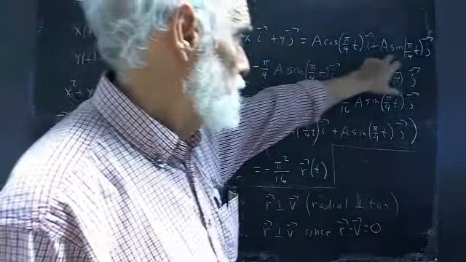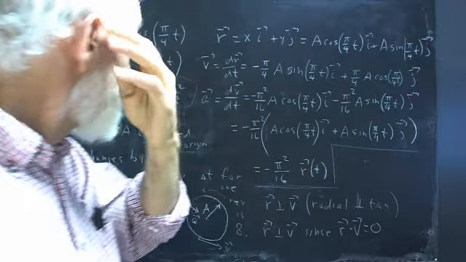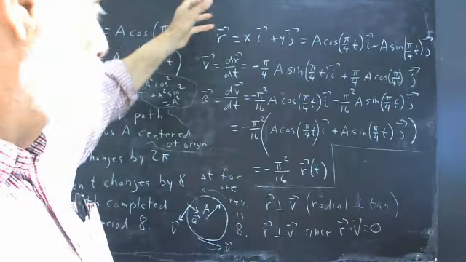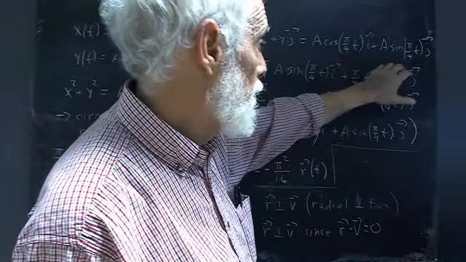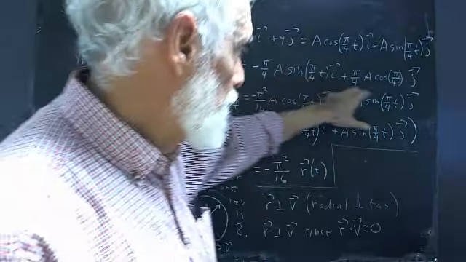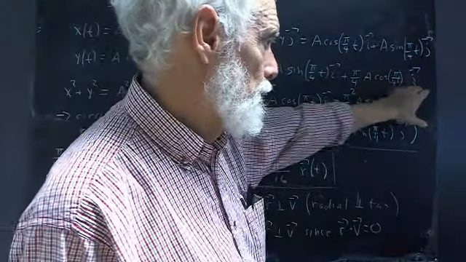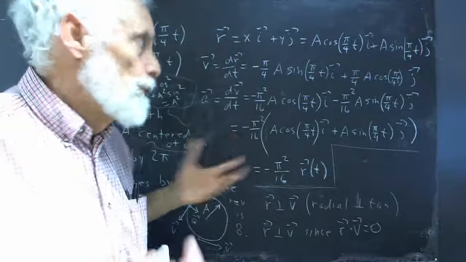I'd factor out the a, and I'd factor out the negative pi over 4 a in this one, so that you just have the negative pi over 4 a squared multiplied by cosine of this thing times i, plus the sine of this thing times j, and here you're going to have a negative sine of this thing times i, plus the cosine of this thing times j, and just do what I say, write it out.